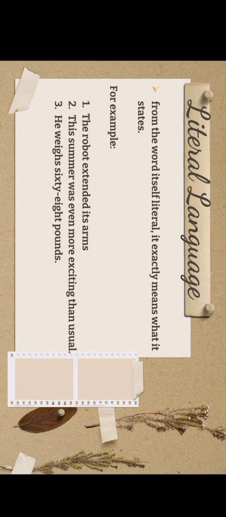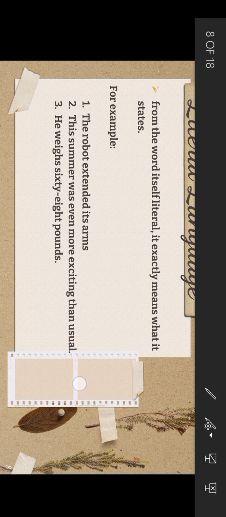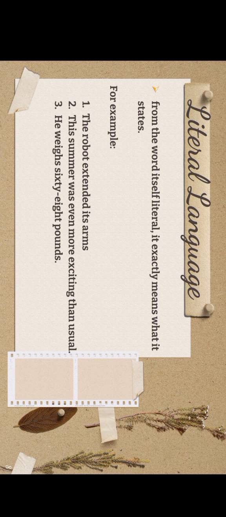In number one, two, and three, you can write examples of literal language. Just like here, for example: the robot extended its arms. The summer was even more exciting than usual. He weighs 80 pounds. Just like this. Can you do that? You can do it?